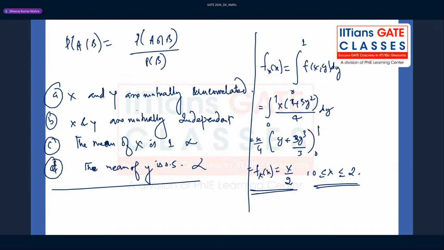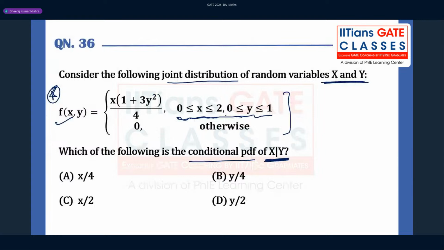Now you have to check whether x and y are mutually independent. If x and y are mutually independent, let me tell you, this is very important. Suppose the probability of a given b, written as the probability of a intersection b upon the probability of b, and suppose a and b are independent.